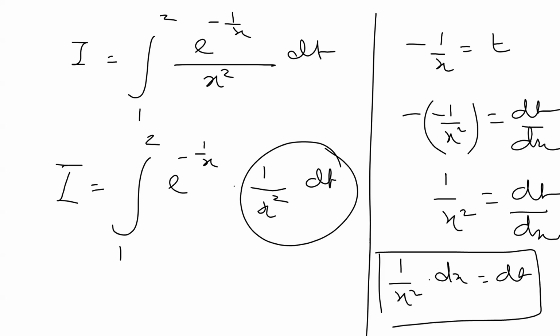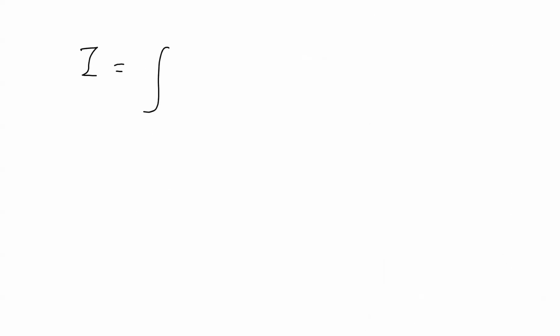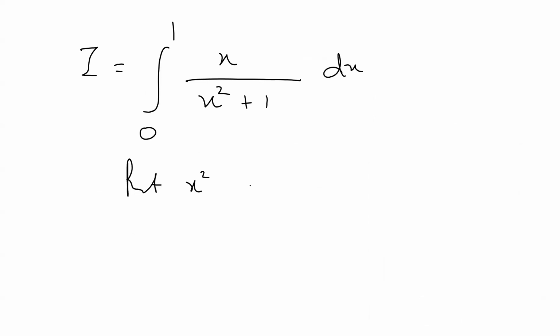Integration 0 to 1 of x upon x square plus 1. So put x square equal to t. You can also put x square plus 1 is equal to t because the derivative of x square and x square plus 1 will be the same, that is 2x, which is present in the numerator.